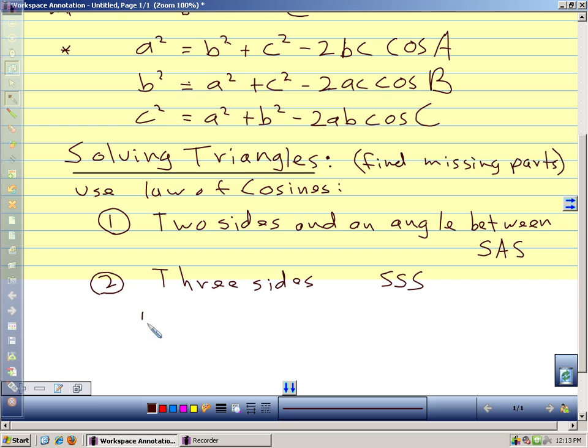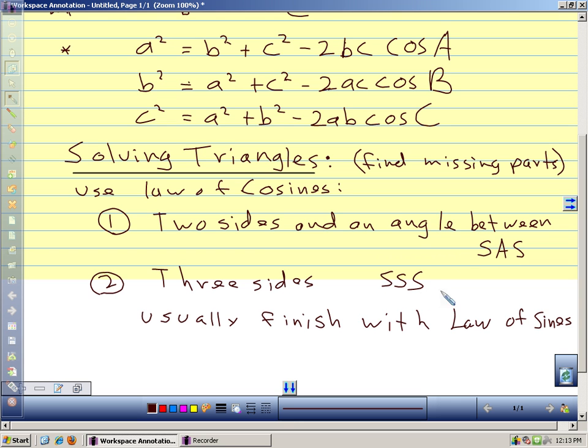So I'm just going to say we usually finish with law of sines. And when we do our examples, we'll talk about this again. So we use the law of cosines for a side angle side triangle and a side side side triangle.